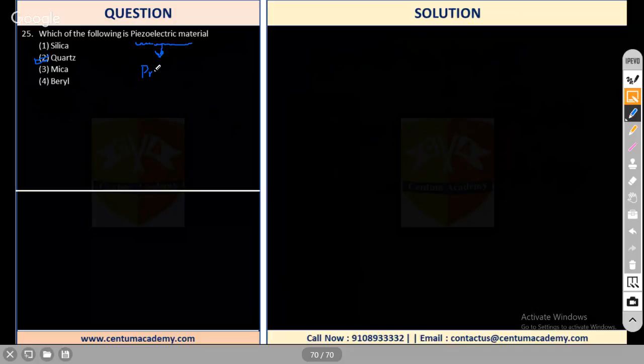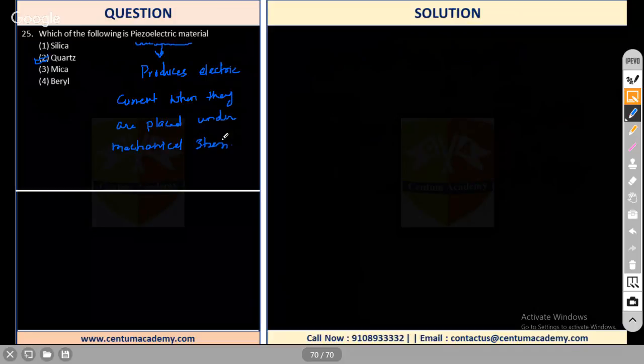Okay, so piezoelectric materials are those materials which produce electric current when they are placed under mechanical stress, right?